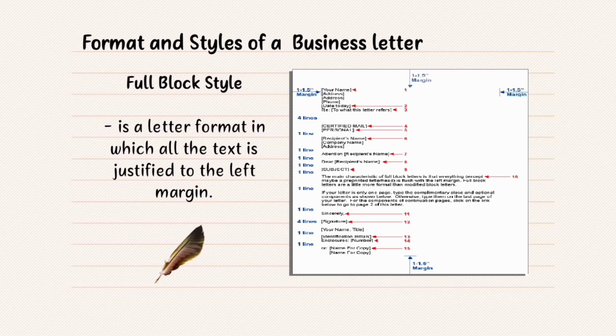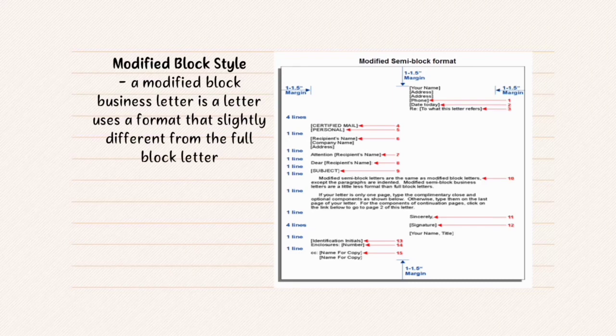So now let's proceed to the modified block style. When we say modified block business letter, it is a letter that uses a format that's slightly different from the full block letter. So this is different from the first format.